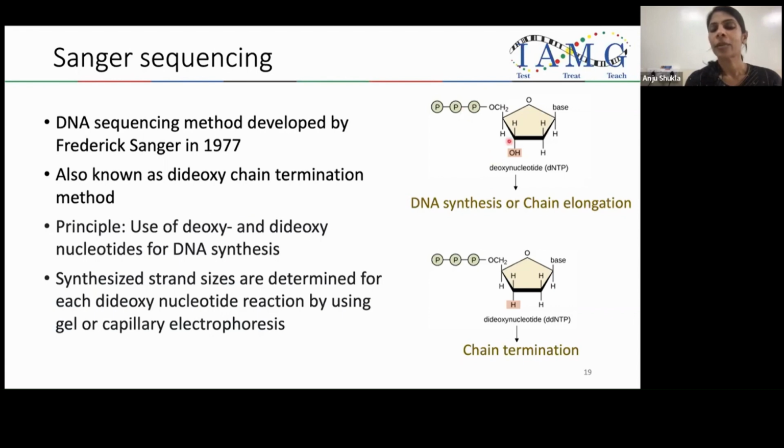In this ribose sugar, there is a hydroxyl group here, and this is what is going to interact with the phosphate group and lead to DNA synthesis. However, in a di-deoxynucleotide, there is only a hydrogen which is there. This would interrupt the chain and there won't be any DNA synthesis happening here.